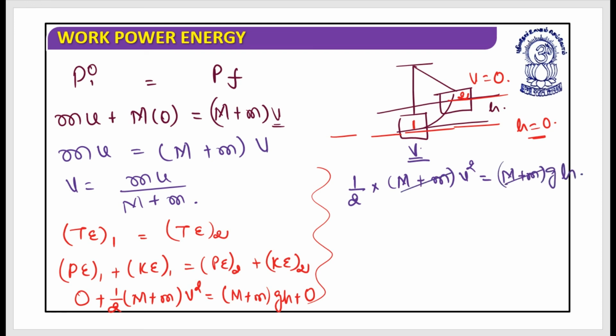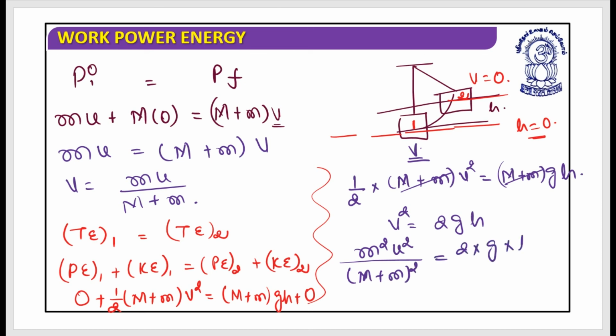The m plus m on both sides cancels, so v square equals 2 into g into h, and v square is m square u square divided by (m plus m) whole square. This equals 2 into g into h.